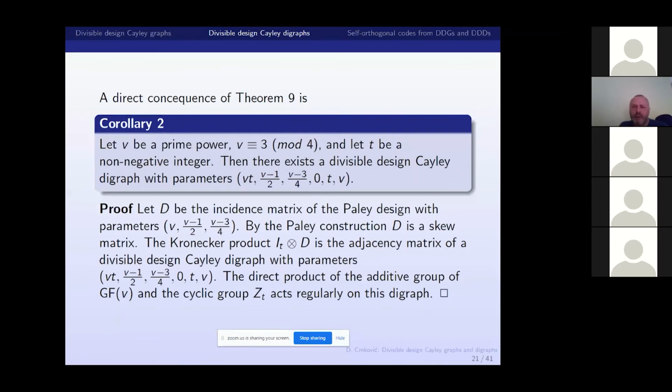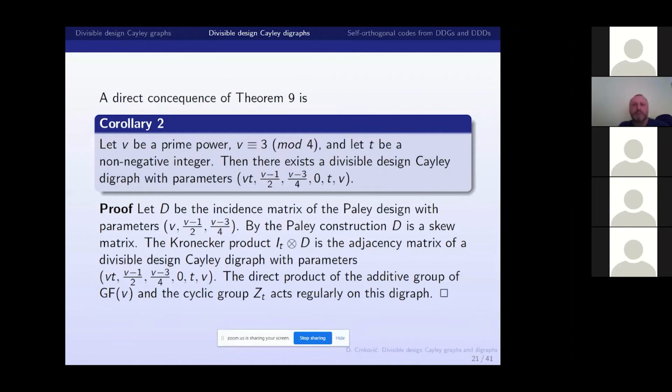So we know that Paley designs are such designs. So we can use Paley designs for this construction. Let v be a prime power congruent to 3 modulo 4, and t a non-negative integer. Then there exists a divisible design Cayley digraph with parameters vt, (v-1)/2, (v-3)/4, 0, t, and v.